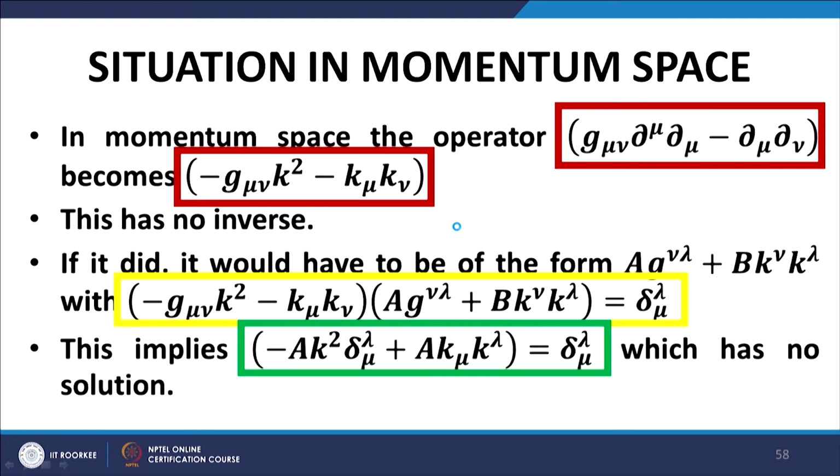In momentum space also we have a similar problem. In momentum space, this becomes the expression in the red box here, and again this expression has no inverse in momentum space.